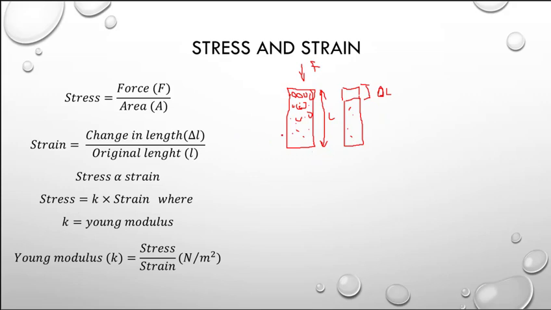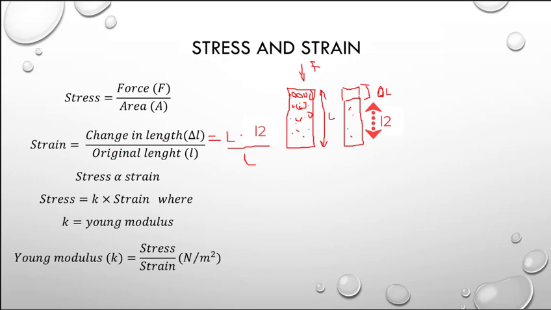And note, when I say change in length, the change in length is simply going to be the original length minus the new length that just occurred, divided by the original length. So that is what the change in length is.